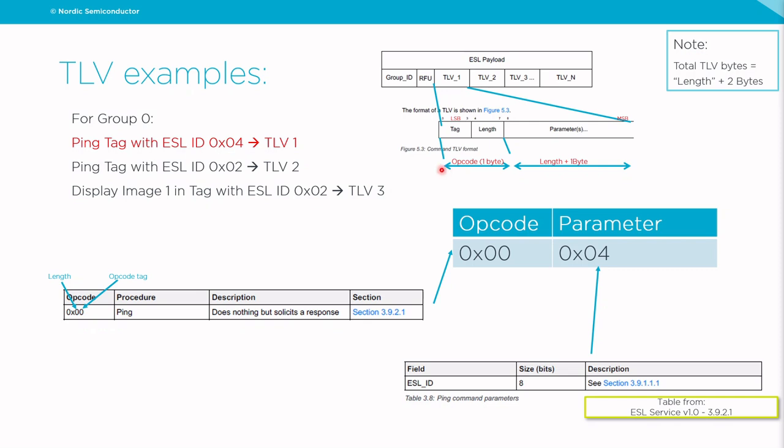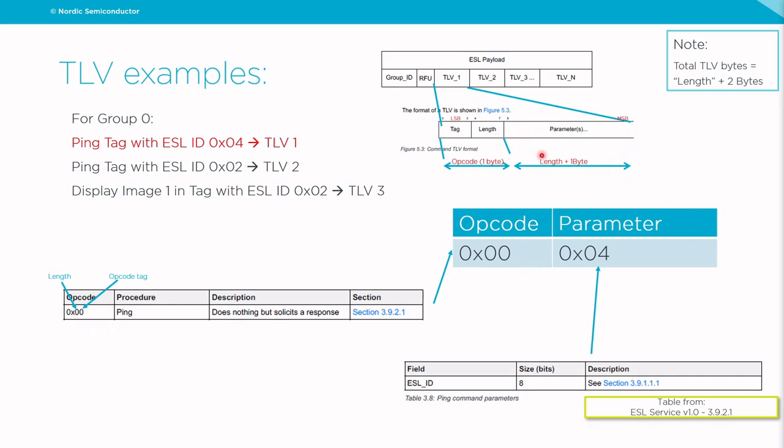For the first TLV, we want to ping tag number 4. So we know all the opcodes for all the commands in the standard. We have seen the table before, and we go there and check which is the right opcode for the ping command. As you can see here, the right opcode is 0x00, and we place this opcode in the first field of the TLV. After that, we have the field of the parameters.